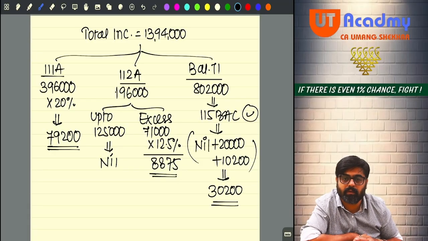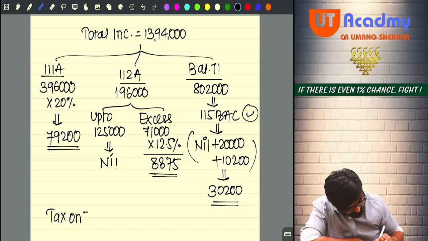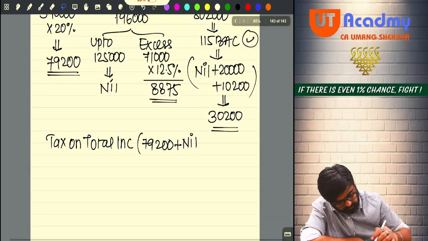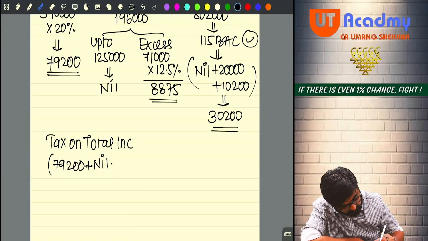Understood, sir? So now what will be my tax on total income? It will be 79,200 plus nil plus 8875 plus 30,200.